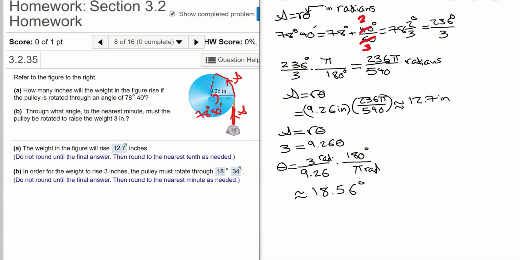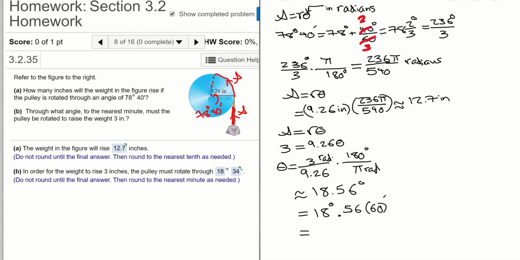And of course, if you recall, they want the answer in degrees and minutes because they want it to the nearest minute. So now we're going to say that's 18 degrees and then 56 hundredths, or 0.56, times 60 minutes, because this time we're going from a larger unit to a smaller unit, and as you know, we have to multiply by the conversion factor.